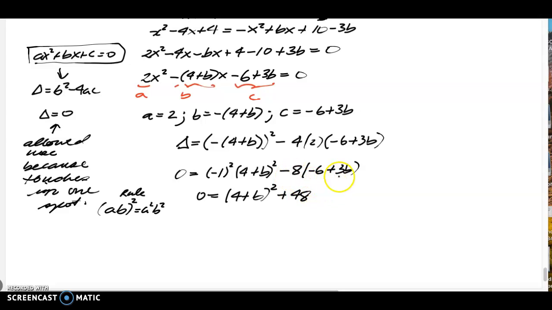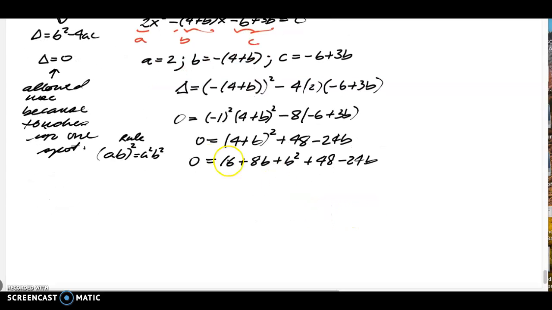And then this, minus 8 times 3 is minus 24b. So then I expand this part. So this is just going to be 16, plus 8b plus b squared. I expand it, plus 48 minus 24b.